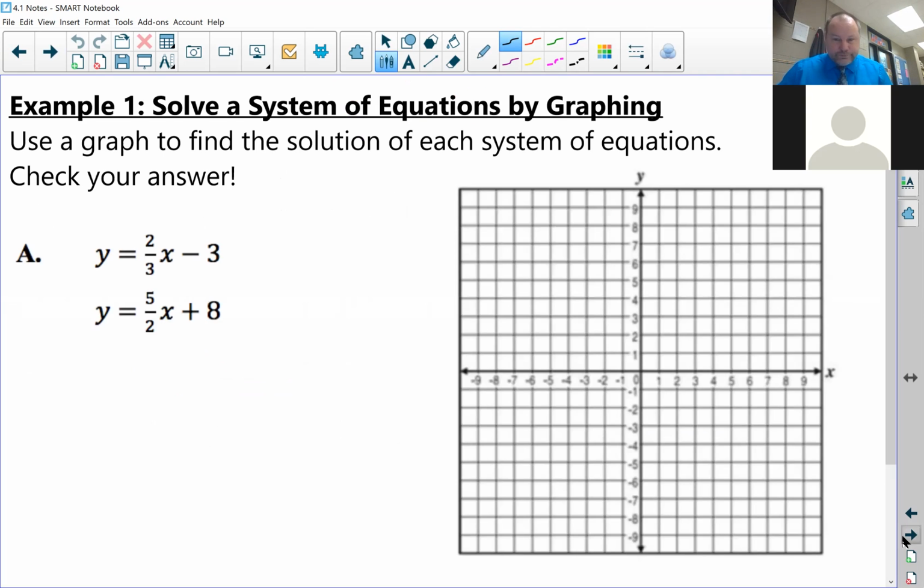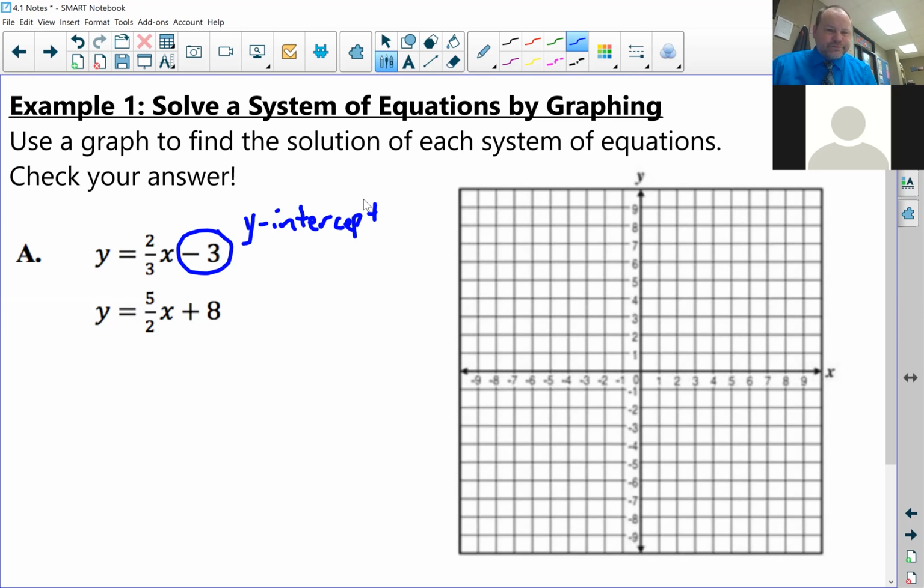All right, so getting right into it. The easiest form will be when both equations are in that slope-intercept form, y equals mx plus b. So just as a bit of a review, I'm going to graph this first equation. I'm going to start by graphing the y-intercept.